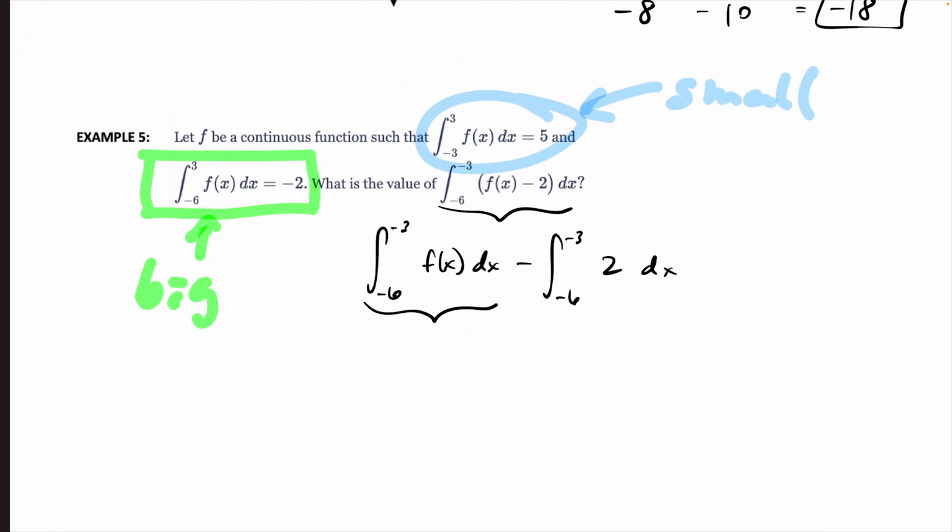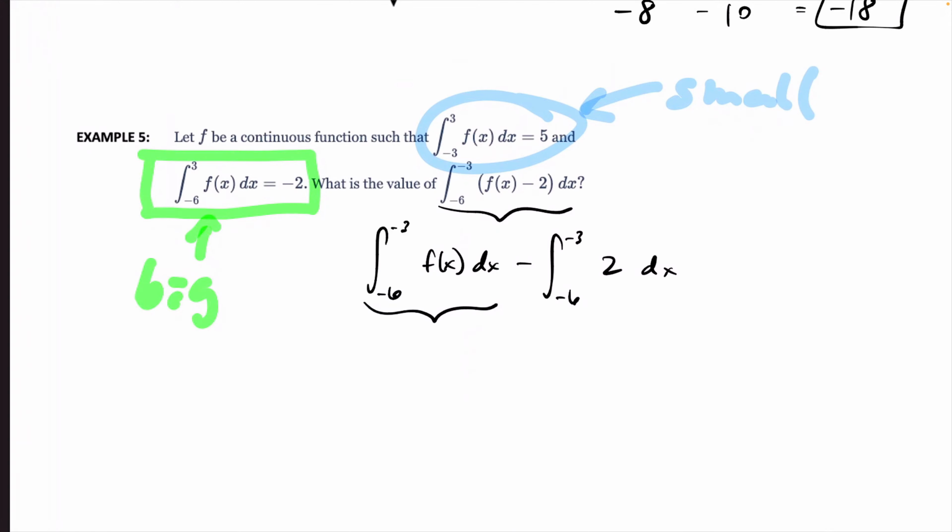So what I mean by big and small is that the first one goes from -6 to +3, right? That's the green one. The blue one goes from -3 to +3. Again, I have no idea what these areas look like, so I'm just sketching.